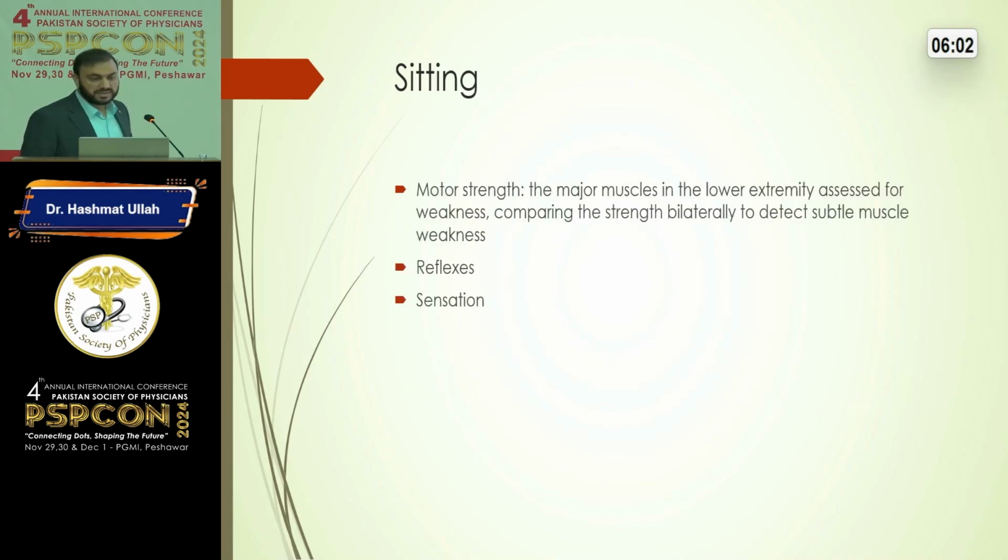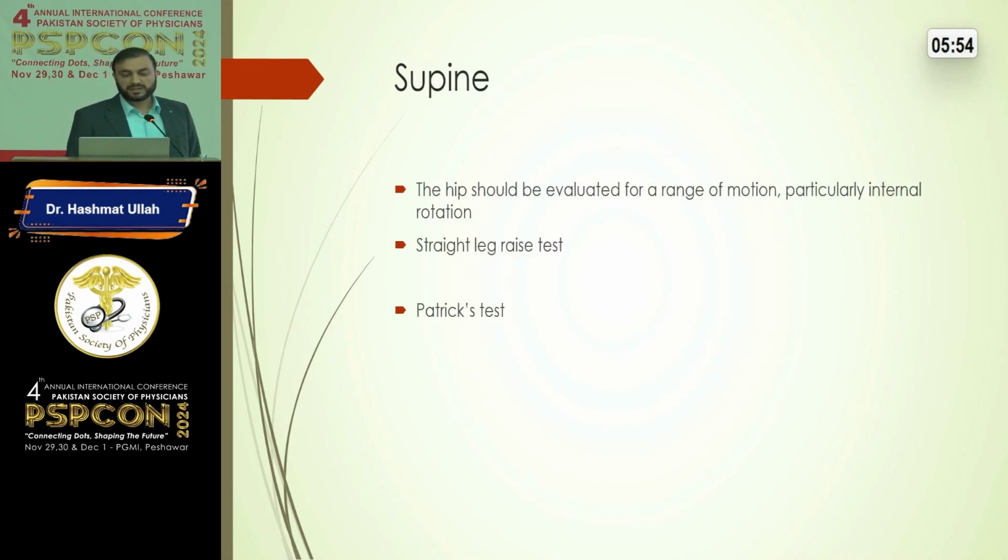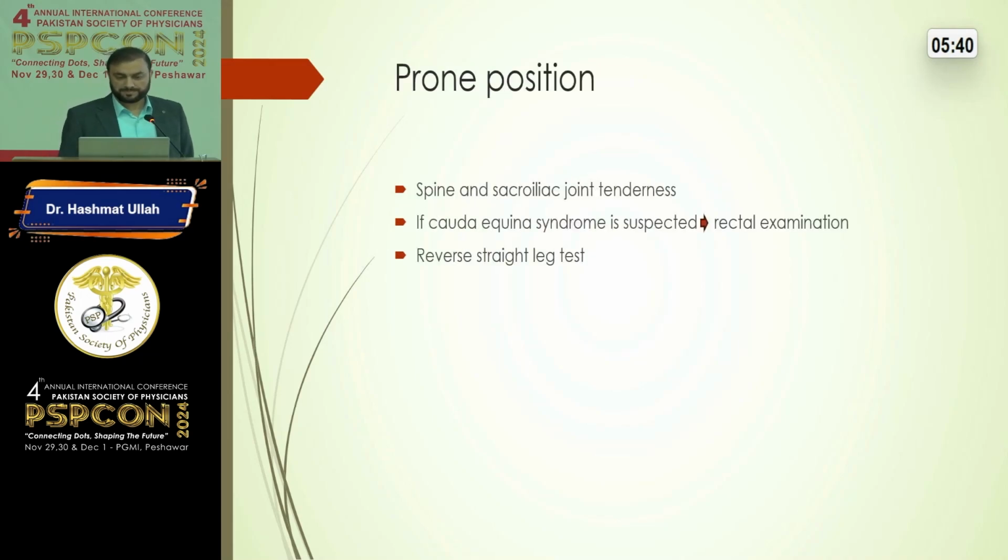Then in sitting, the motor and sensory systems should be examined, and reflexes. Then the spine should be examined, like the rotational range of motion at the hip, straight leg raising, and Patrick's test should be done in order to find out whether it's a neurological pain or not.